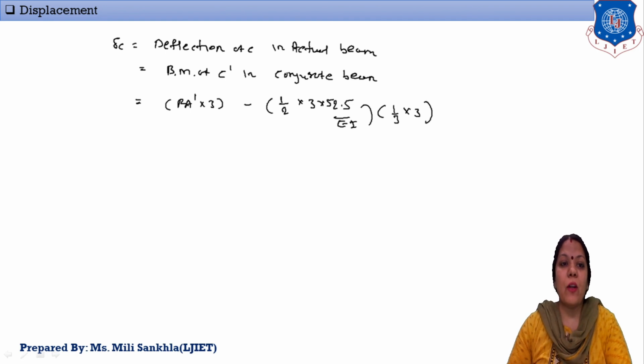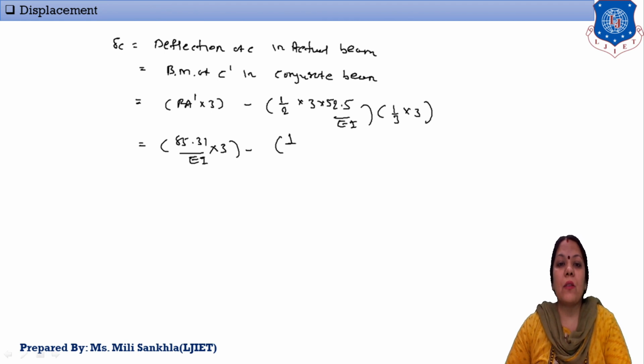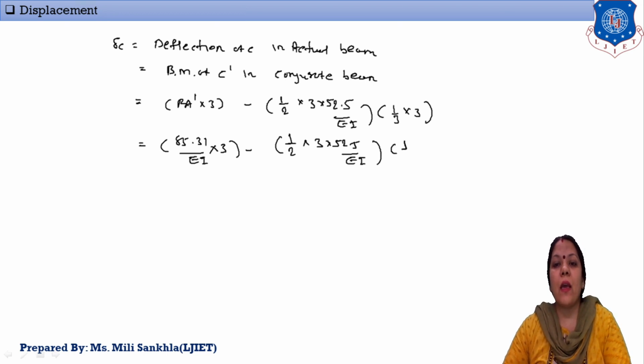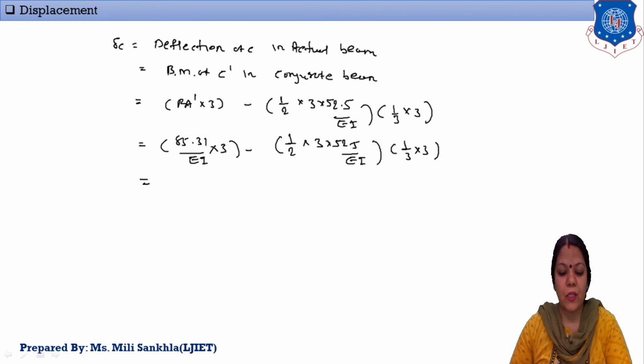Put the value of this RA. RA we found is 85.31 divided by EI into 3 minus 1/2 into 3 into 52.5 by EI and 1/3 into 3. Now one by one simplify these terms.